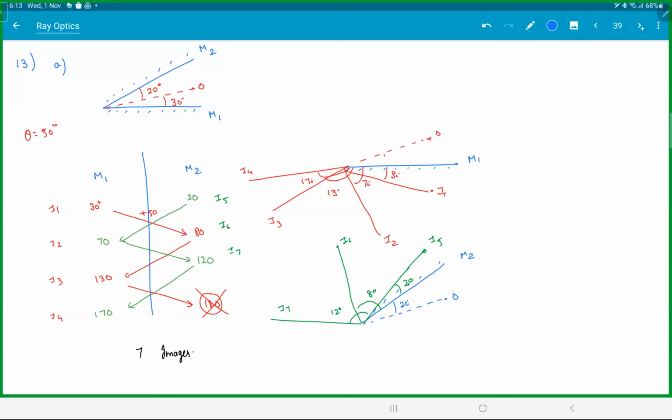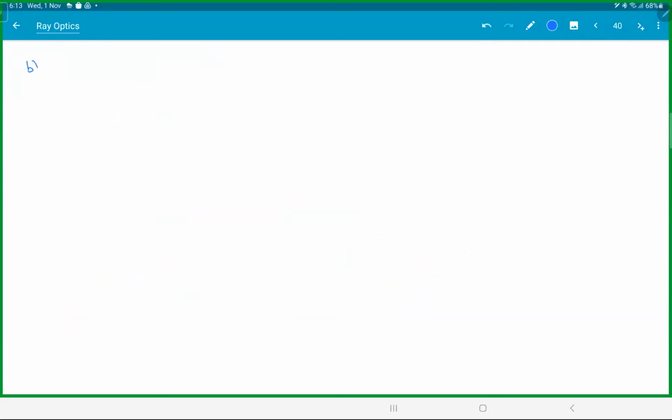Turn the page. Any doubts on this? Let's see one more like this. This is 30 and this is 35. Get the number of images.